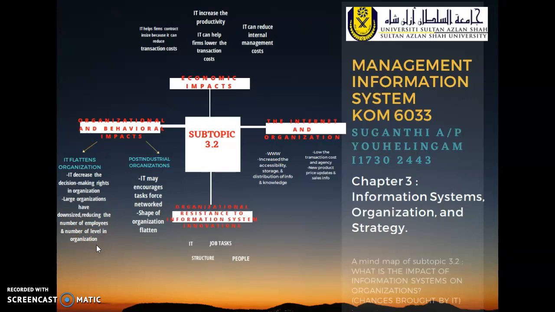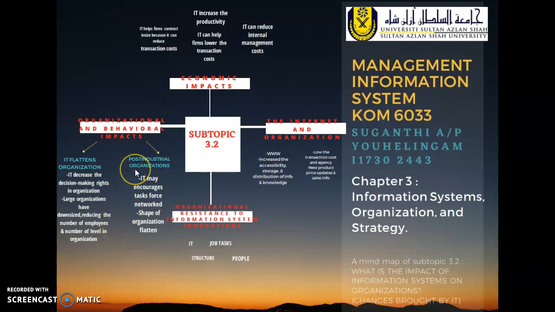It means IT makes it easy to distribute information within the organization, especially to empower lower level employees and increase management efficiency. Management is more effective.